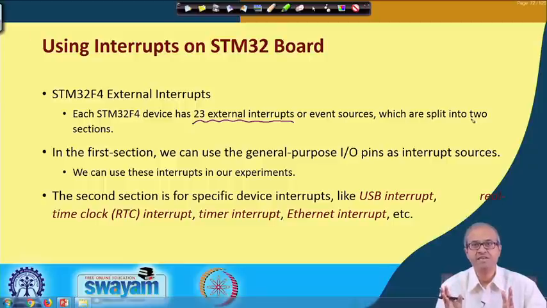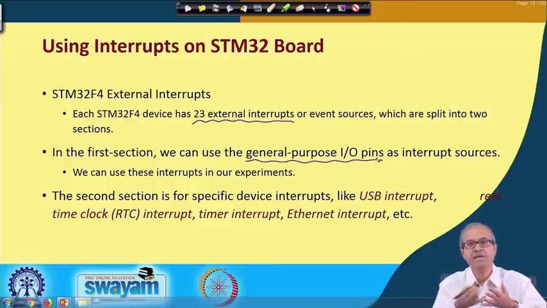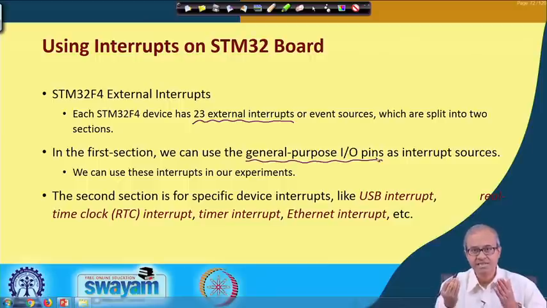Now, in the first section we have the general purpose IO pins like the port A, port B, port C I talked about. I will show it in the next slide again. In the first part you have the general purpose IO pins which can be used as interrupt inputs. So, in the actual experiments we shall be using these pins only to connect interrupting sources.